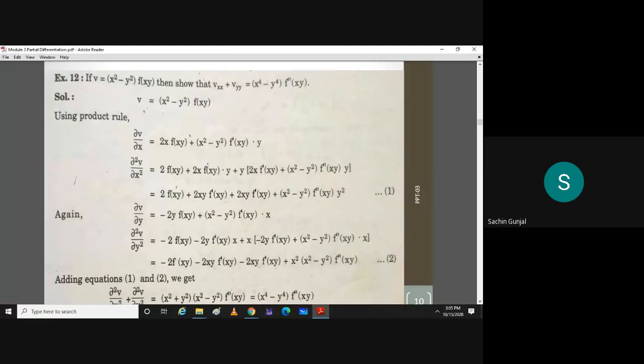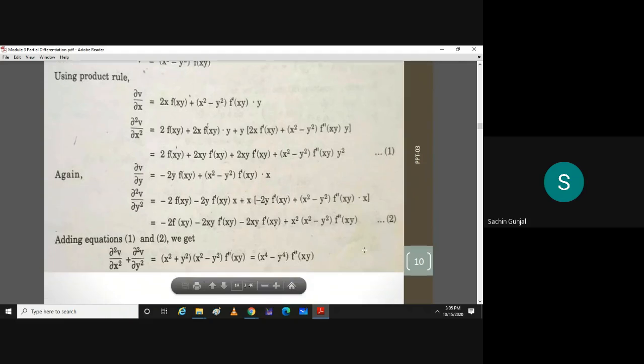So you just simplify it. Minus 2 f of xy minus 2xy f dash xy. You multiply by x inside the bracket. So minus 2xy f dash xy plus x into x becomes x square minus y square f double dash xy. Now if you add 1 and 2, the 2 f of xy minus 2 f of xy gets cancelled.